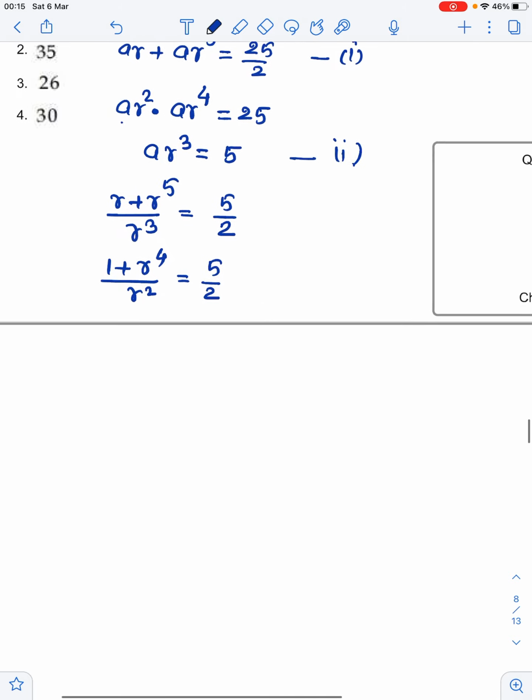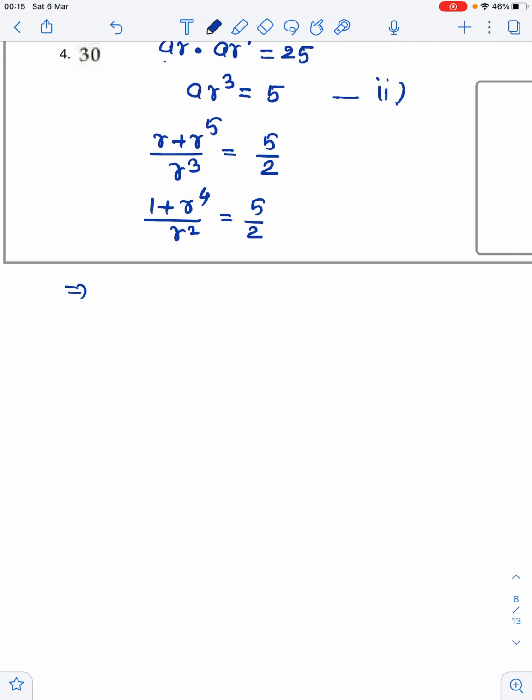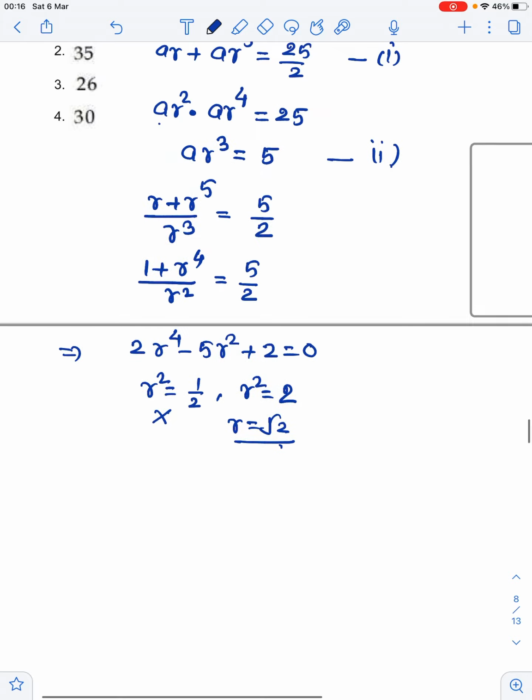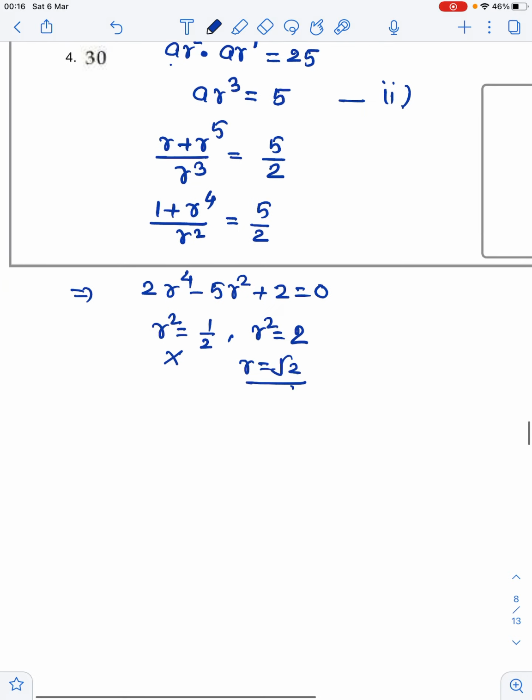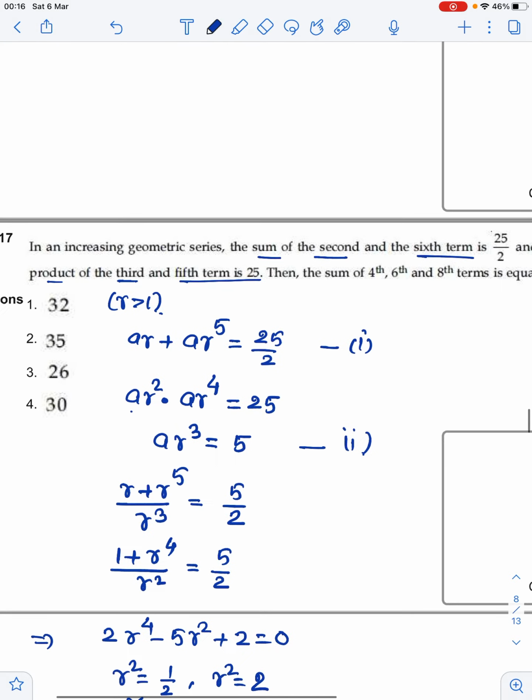This is a quadratic in R square, which comes out to be 2R to the power 4 minus 5R square plus 2 equal to 0, a very familiar equation. R square can be half or R square can be 2. As they have given, R cannot be less than 1, so R has to be equal to root 2. Now once R is equal to root 2, we can put it into equation number 2. So A will be equal to 5 by 2 root 2.